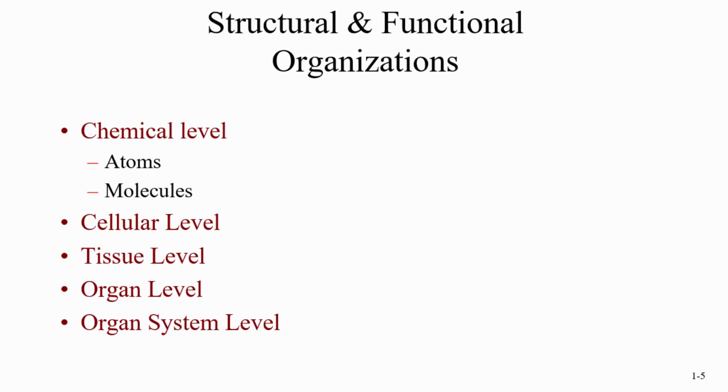Now, at the tissue level, if we have a group of cells, we're going to call that a tissue. Okay, so tissues are groups of cells. Like, for instance, we can have a muscle cell. If we have a bunch of muscle cells, we have muscle tissue. And again, cells are made up of molecules.